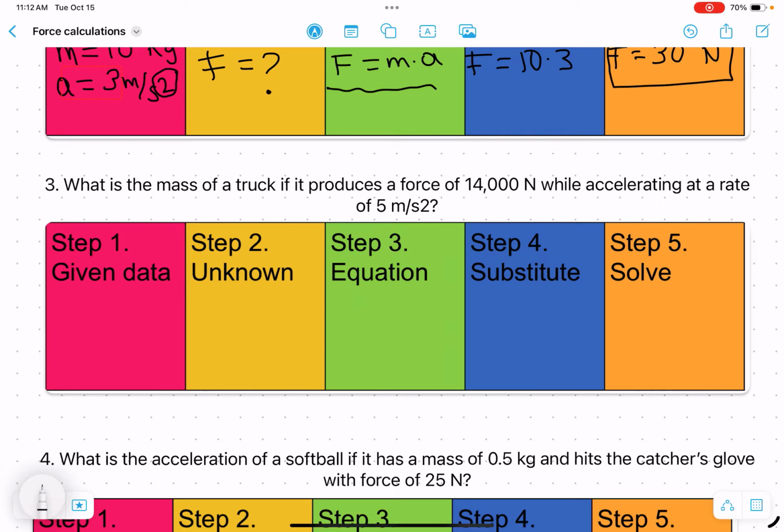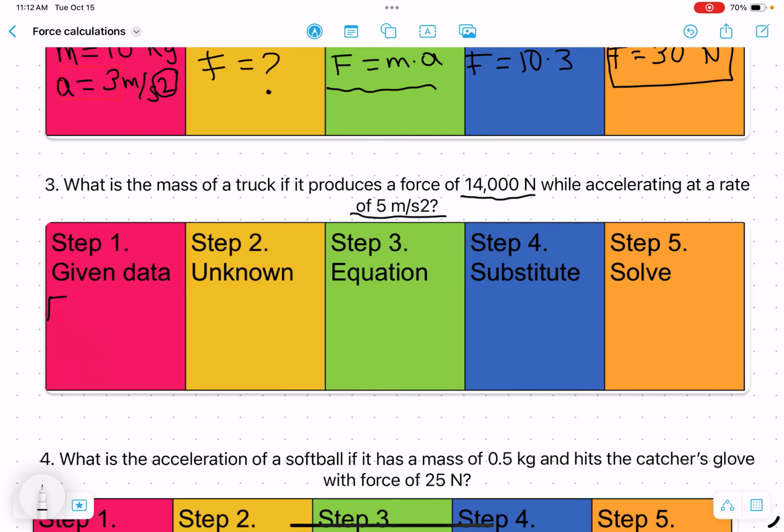Number 3. What is the mass of a truck if it produces a force of 14,000 newtons while accelerating at a rate of 5 meters per second square? So what do we know about this problem? You know the newtons and you know the acceleration.